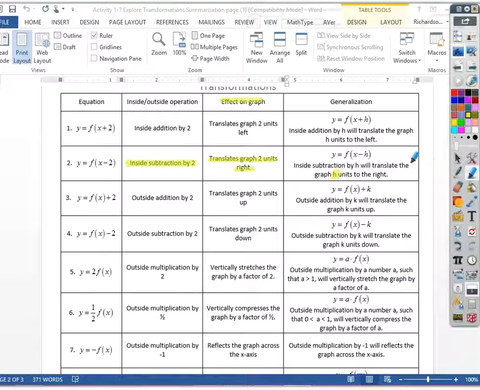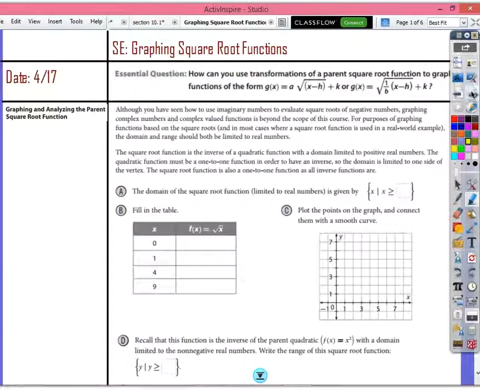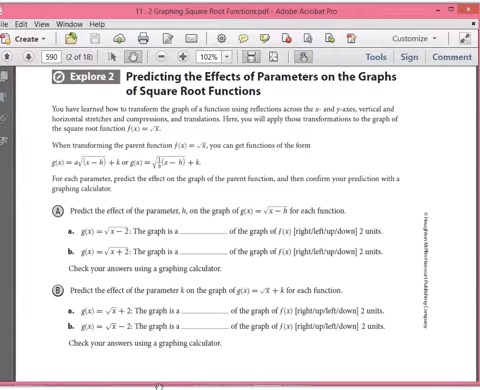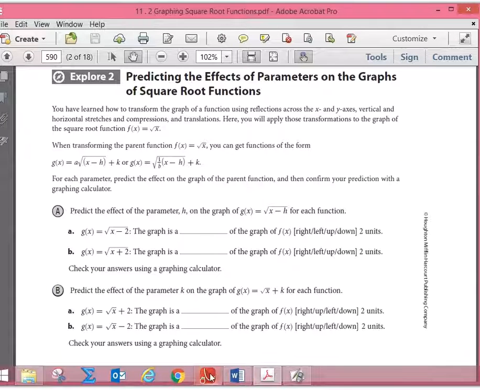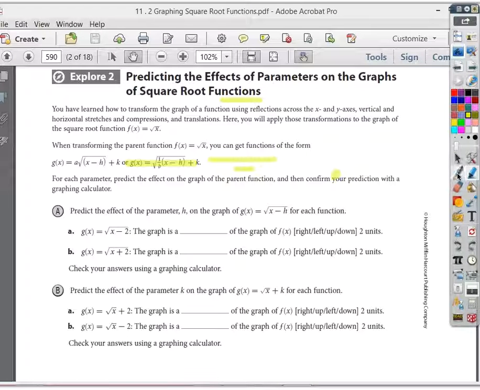So we could go ahead and fill that in here. What is this kind of transformation called? There are 2 common names for it.